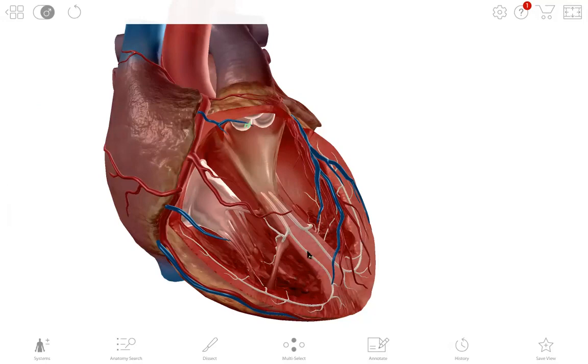Okay, I return to the conducting system. We understood that I have an SA node, AV node, bundle of His, right bundle branch and left bundle branch, and this is responsible for generating the impulses of the heart.